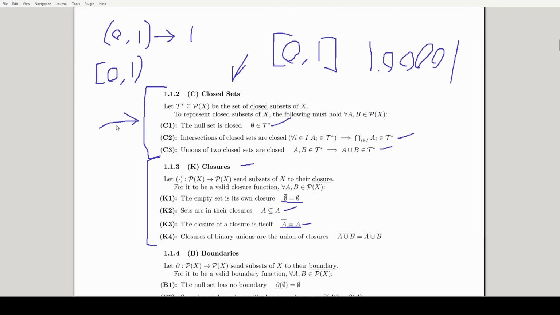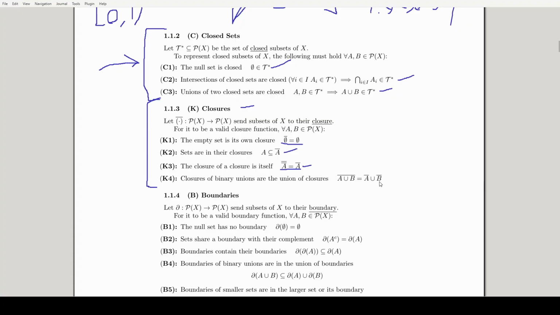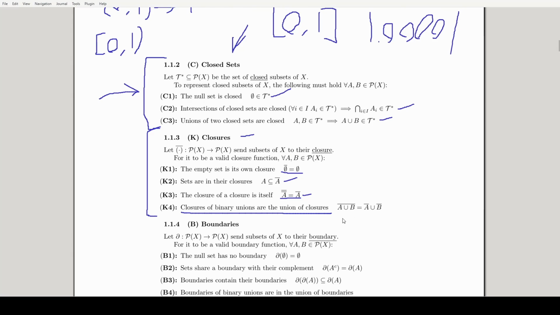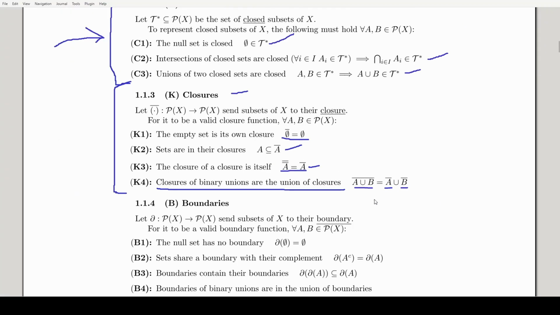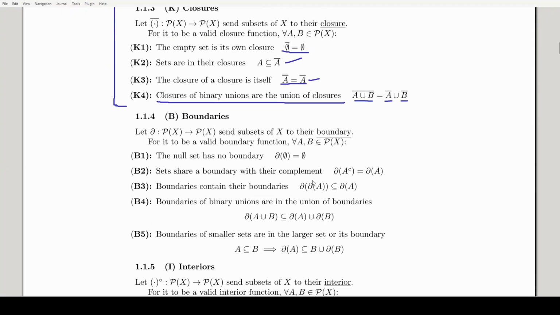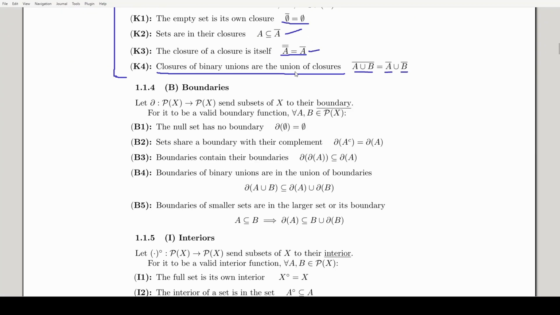Closures are closed. That is what it is basically saying. And then it is saying that closures of binary unions are the unions of closures. If it's touching A or B, it's touching A or it's touching B. That's kind of trivial. There, slightly less trivial. Okay.